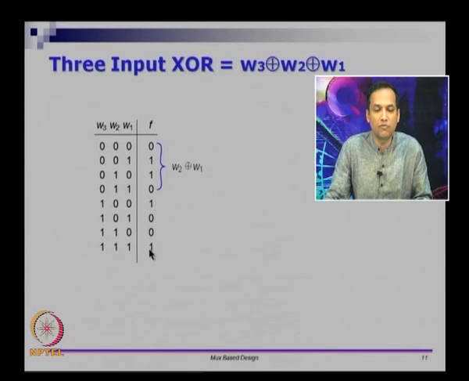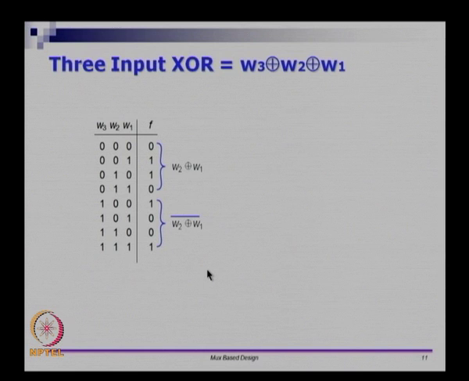If you look at these 4 rows here, again W3 is held constant, and W2 and W1 are changing, so if you look at only this part, that's like a 2 input truth table. In this truth table you have 1, 0, 0, 1, that is actually for XNOR. So this is W2 XOR W1 complement.